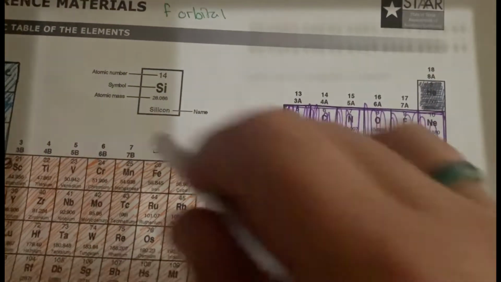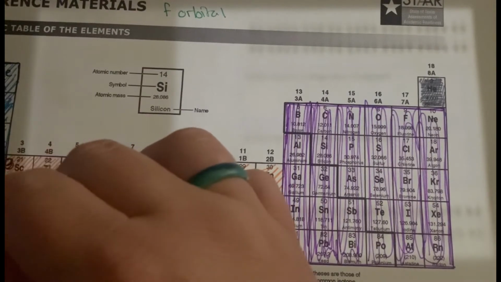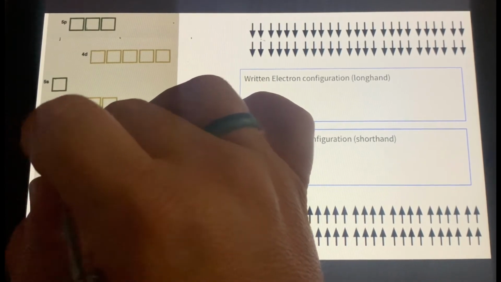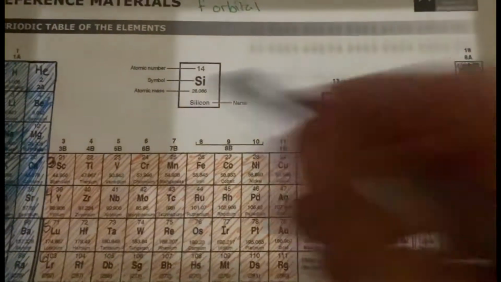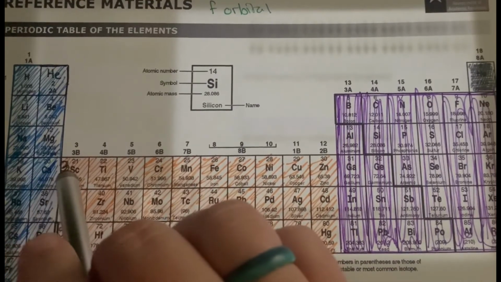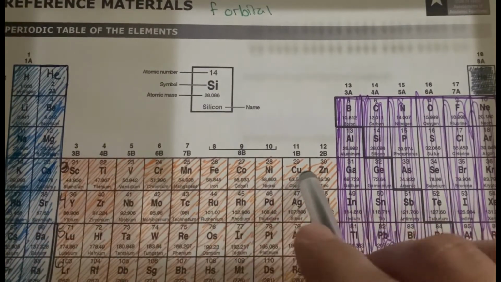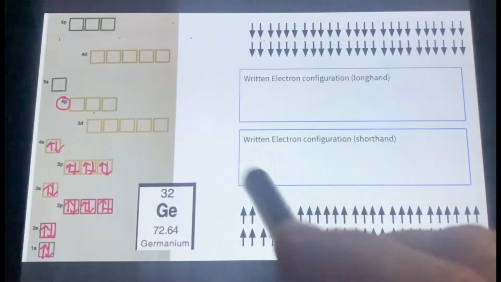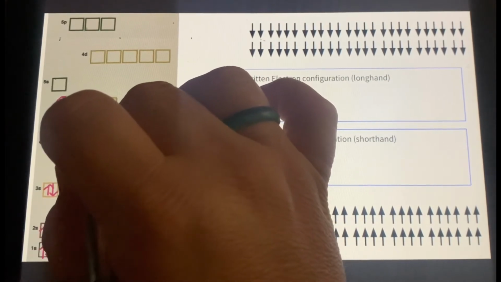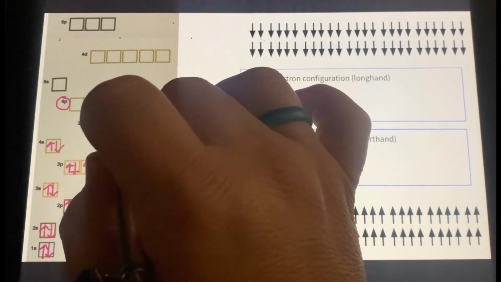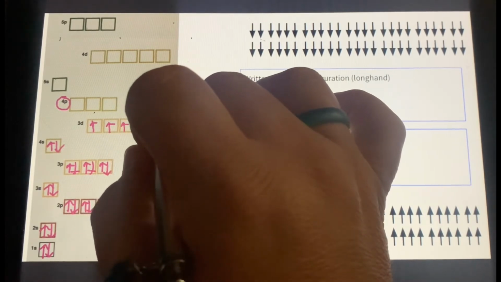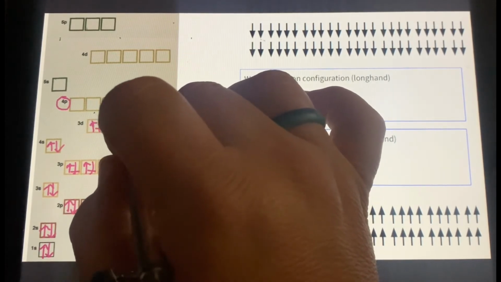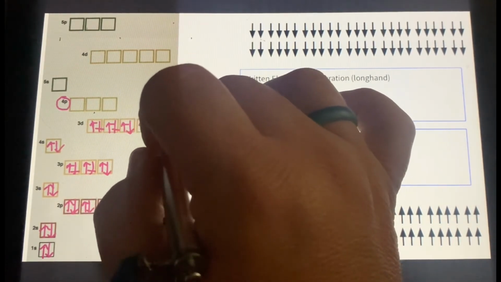Finish row 3, slide down to row 4, 1 and 2 through the S block. So up and down. That puts me right here at calcium. Now I want to swing through all your transition metals. There are 10 of those. They're on row 3 and they're a D block. 1, 2, 3, 4, 5, 6, 7, 8, 9, 10.